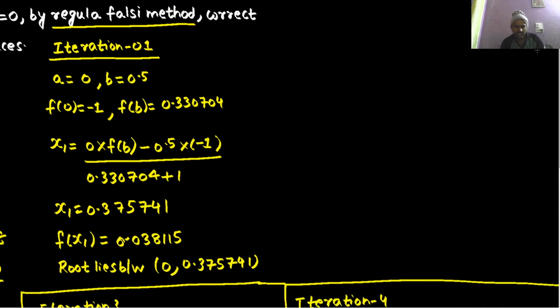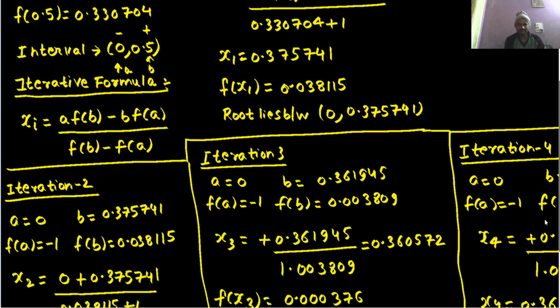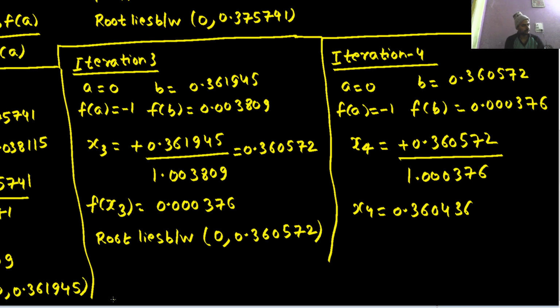Were they asking up till 3 or 4? Up to 3 decimal places. So I think my task has been completed. Okay, done. So I don't think I need to go further for finding the value. Okay, if you need root clear up to further decimal places, then you can obviously do that work. So I have got it equal, because if I see this x4 value and the value of x3 value, 0.360 is matching.